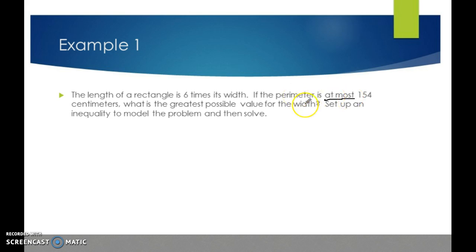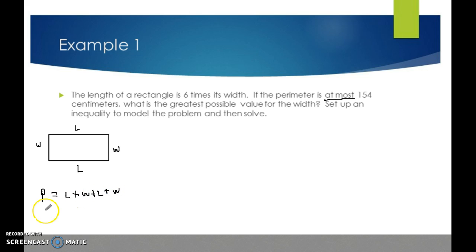In this case, there's some background information we need to know. We know it's a rectangle, and we're trying to find its perimeter. If you have a rectangle, this would represent the length, the width, the length, and the width. To find the perimeter, you're adding up all of these lengths. So the perimeter is equal to length plus width plus length plus width.